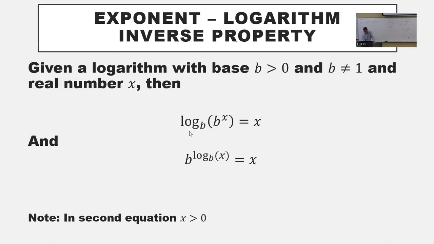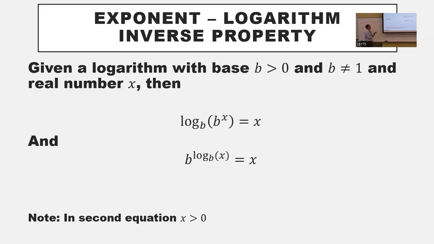The other rule we looked at earlier today was, so we had the rule we just said, that if I take e raised to the log base b of x, I get back x as well. Now I do have to worry a little bit about what x is, because remember you can't take the log of a negative number.